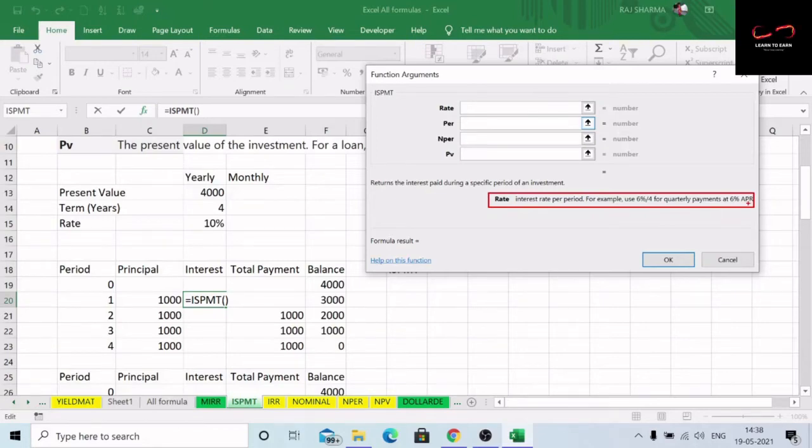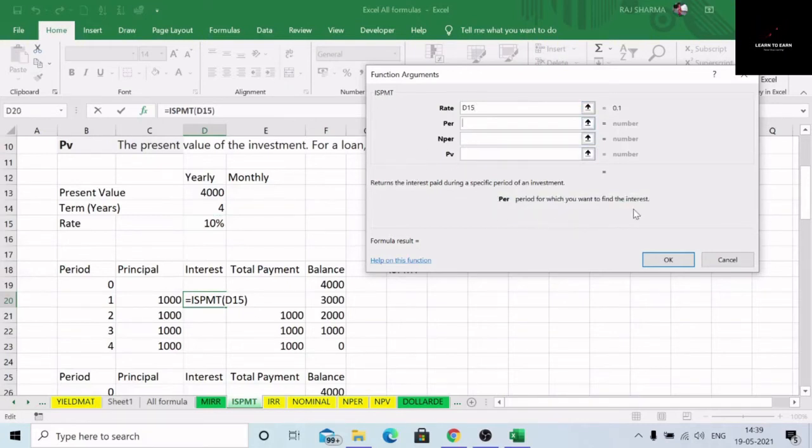Here we are taking annual payment, so we do not need to divide. But if it is a quarterly payment, we have to divide 10% by 4. If it is monthly, we divide by 12. If it is half yearly, we divide by 2. So let us proceed. The interest rate is 10%.